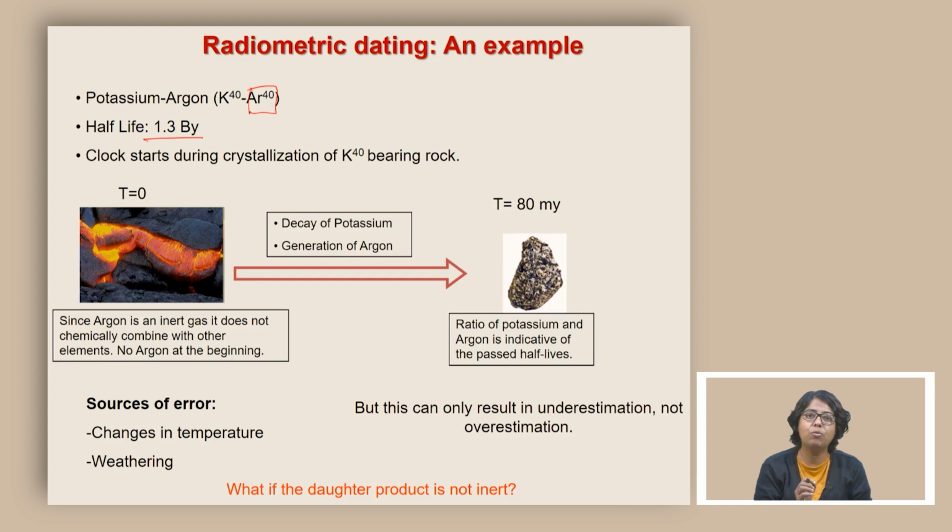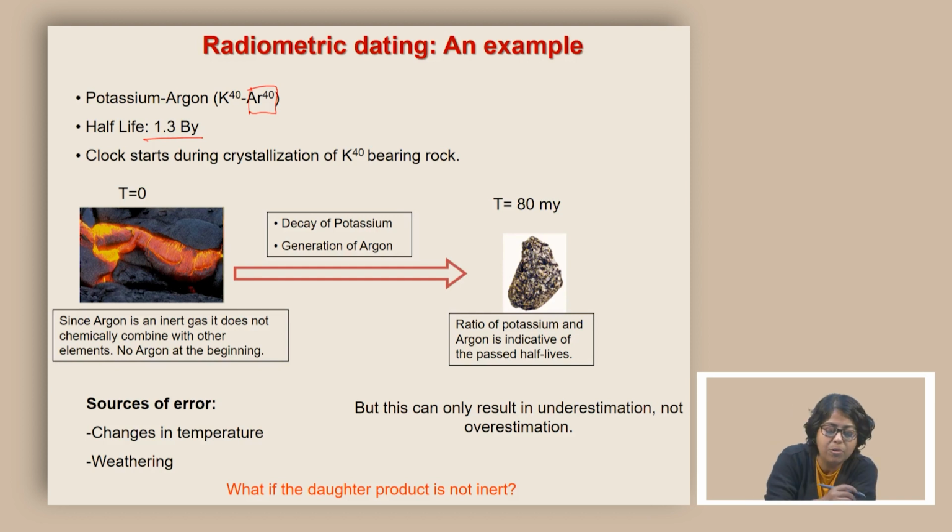But the moment a crystal forms and a specific amount of potassium is taken into this mineral crystal, the clock starts, because that is the point where it is isolated, and whatever argon is produced by decay will be part of this mineral structure. If the mineral structure can be studied and the amount of argon that has been produced can be counted, it will tell us the age of that development.